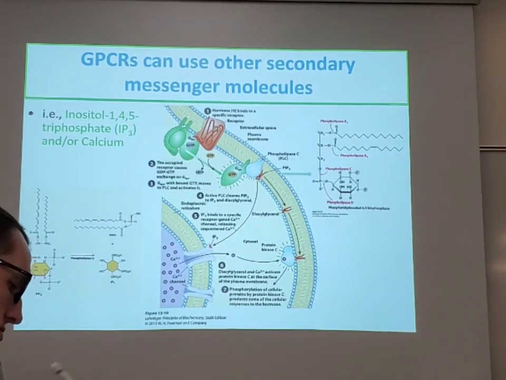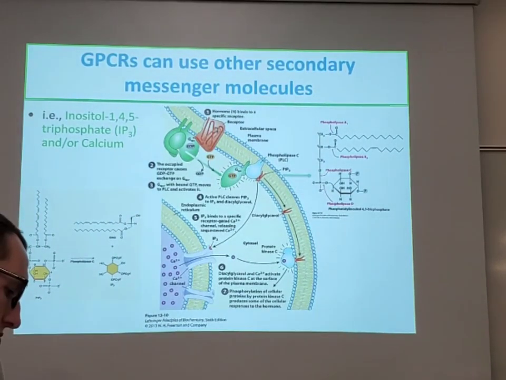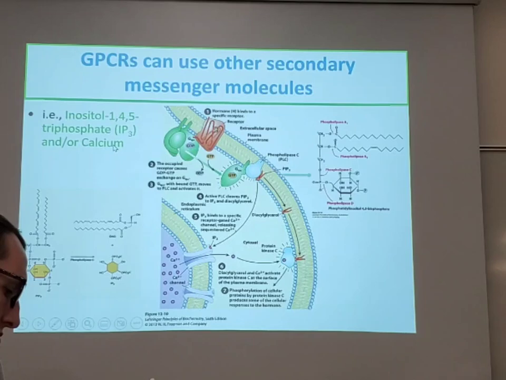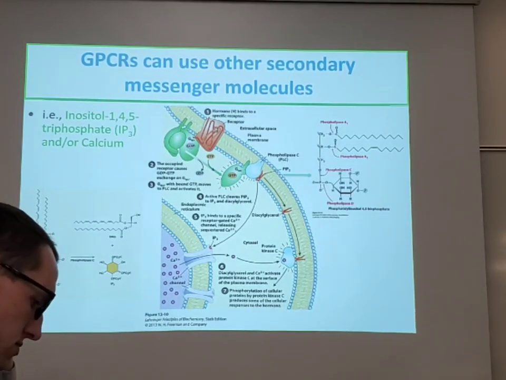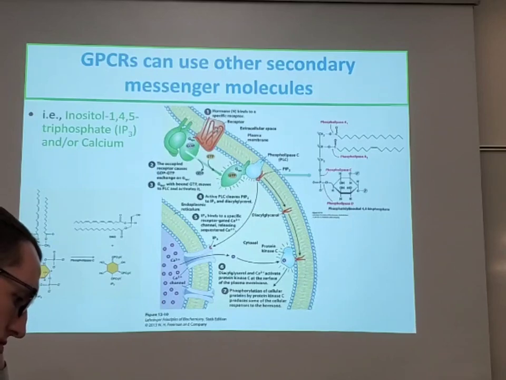So there's a lot of inner circuitry. Calcium is considered a secondary messenger. IP3, or inositol triphosphate, is considered a secondary messenger in addition to cyclic AMP. So right now you have at least 3 secondary messengers in your working vocabulary. If I ask you a question, which of the following is or is not, then you could identify that.